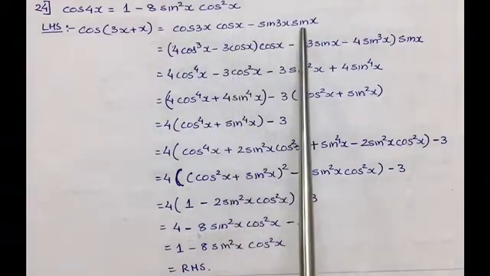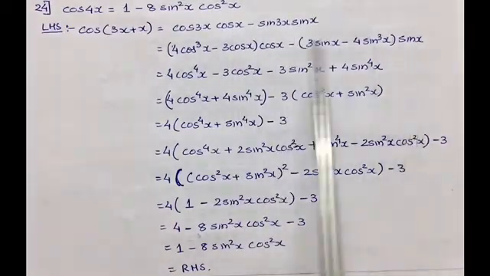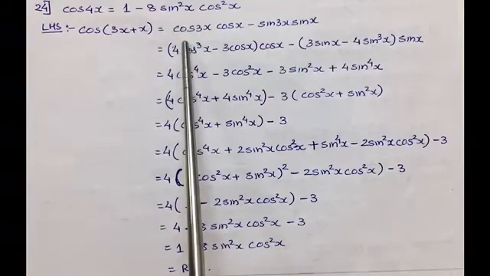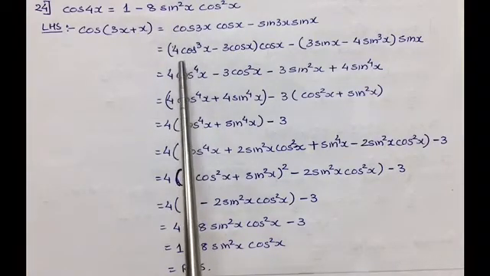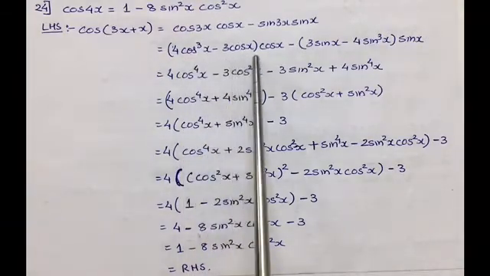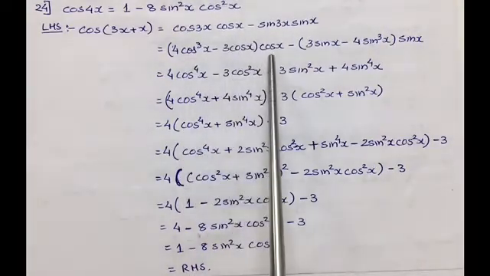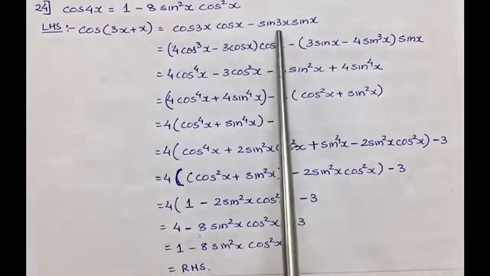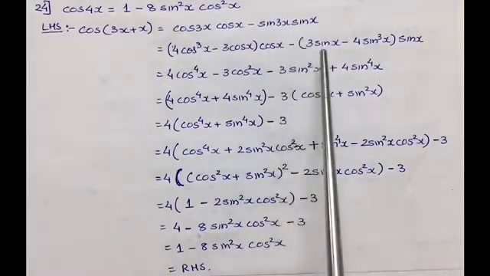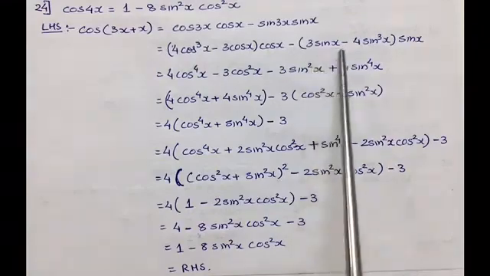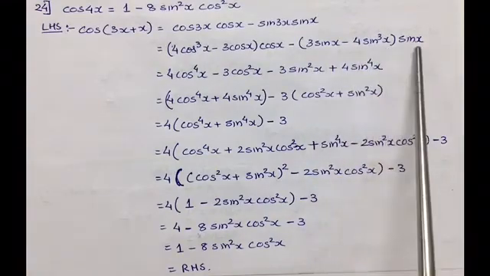Now cos x and sin x we will keep as they are. In the place of cos 3x, we will use the formula of cos 3x as 4 cos cube x minus 3 cos x. This cos x is as it is. In the place of sin 3x, we will use 3 sin x minus 4 sin cube x, times sin x.